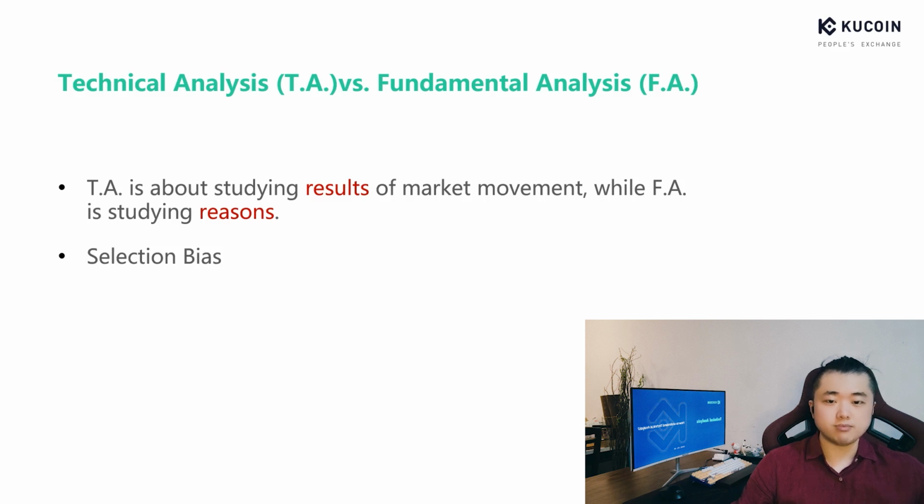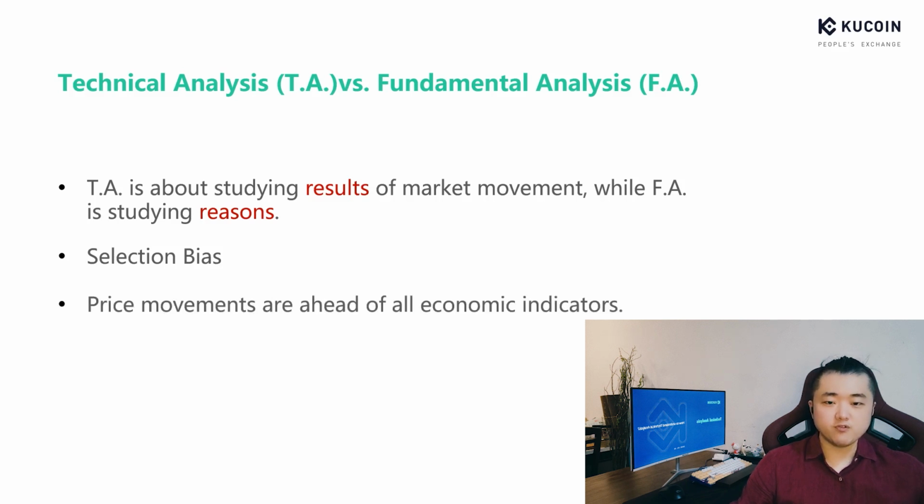If you still believe that the crypto prices will go down, your possibility to win is only 1/3, not 100%. In addition, price movements are ahead of all economic indicators. In this way, printed economic indicators won't affect the market again. This is one of the reasons why technical analysis supporters are very confident.